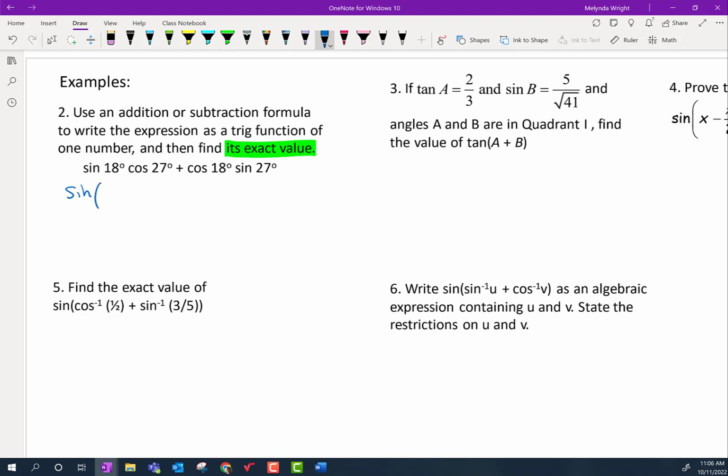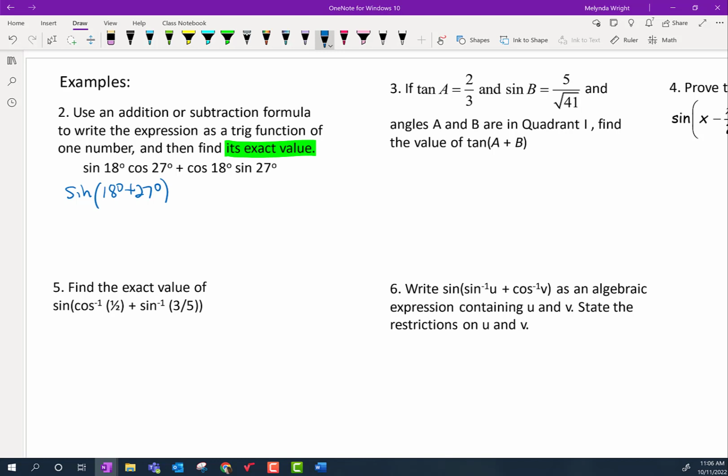And it's adding, and since it's adding, what would we have asked sine to do? Add, because sine is nice. So it's sine of 18 degrees plus 27 degrees. That's what would have created that expansion. So we're having to think about it in reverse. Okay, is everybody okay with that?